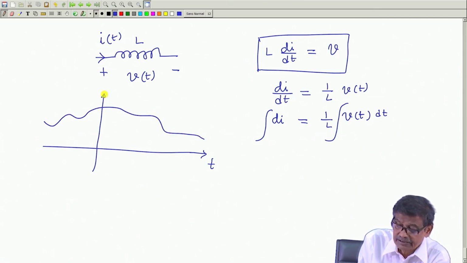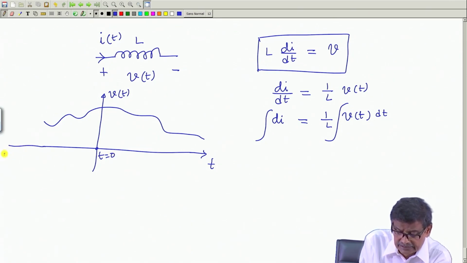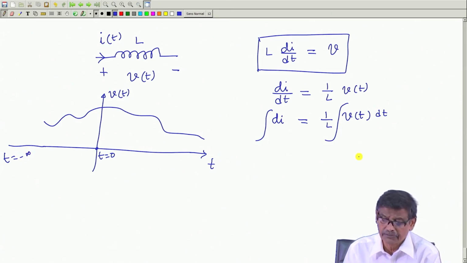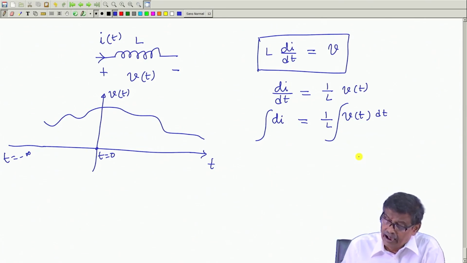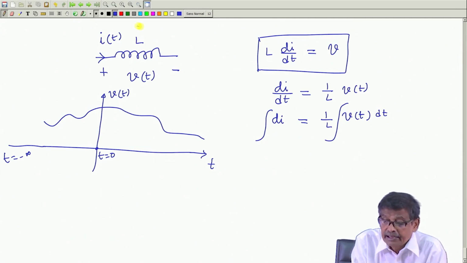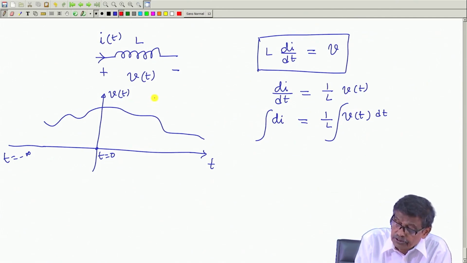This is your V(t). This is your t equal to 0, and this side it is t equal to minus infinity, and this side it is going towards positive infinity. So, suppose I have applied such a voltage across an inductor and I want to find out the current flowing through it at a given time t.